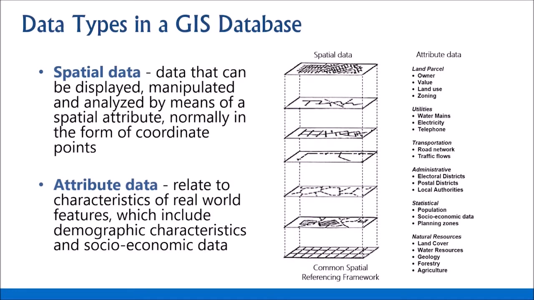Another example is infrastructure data, such as types of utilities, broken down into water, electricity, telephone, and transportation systems, like your road network, the traffic flows, and so on.